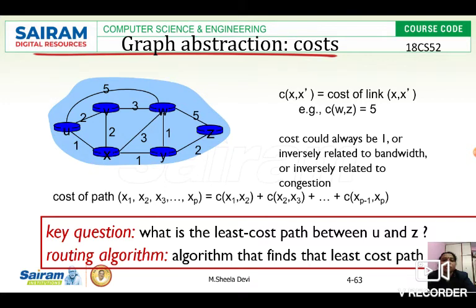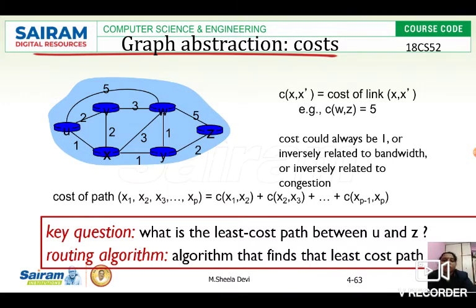Why we should not follow the same path is, see, if we have multiple paths, we will select one path as the best path, that is, the cheapest and the shortest path. So among the multiple paths, our routing algorithm helps us to select the best path based on the cost.